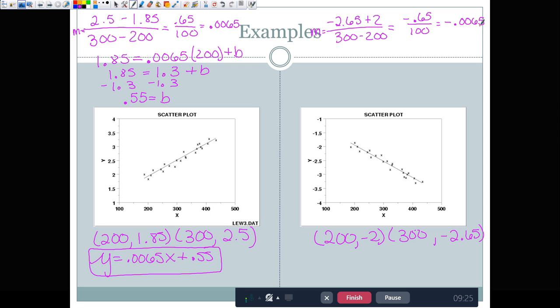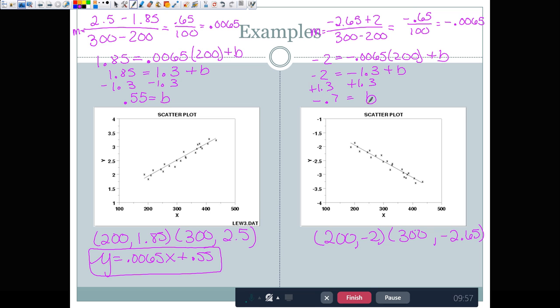So now that I have slope, I need to find my new b. So I'm just going to use my first one here because it has nice numbers. So negative 2 equals negative 0.0065 times 200 plus b. So I have negative 1.3 plus b equals negative 2. I'm going to add 1.3 to both sides, and I'm going to get negative 0.7 equals b.